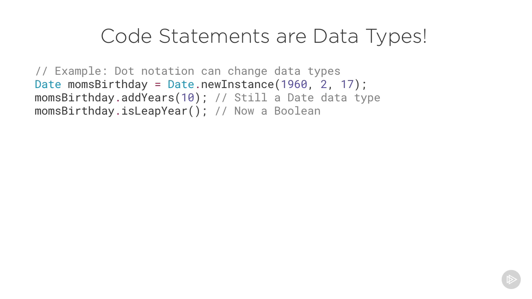Next, I'm using the isLeapYear instance method on my mom's birthday. The result of this is an instance of a Boolean. Even though we started with a date, the isLeapYear changed the result to a Boolean, true or false, whether or not my mom's birthday is on a leap year.